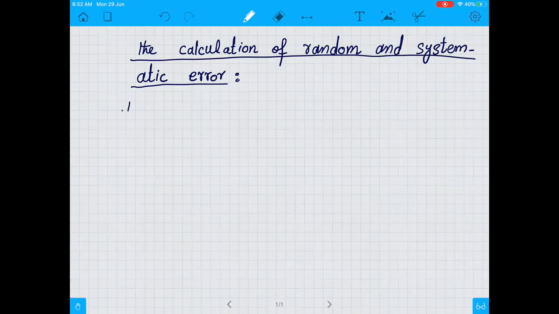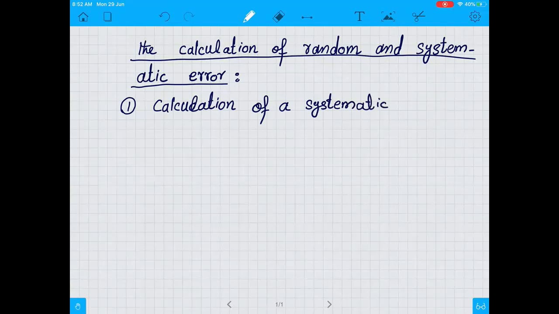Now, first of all, calculation of a systematic error. Now, to calculate systematic error in a given data, the method is that systematic error is given by, we have a formula for that.